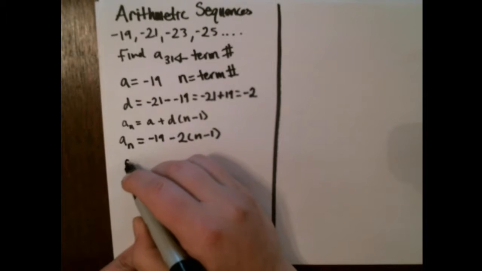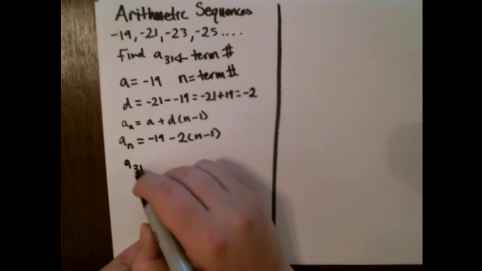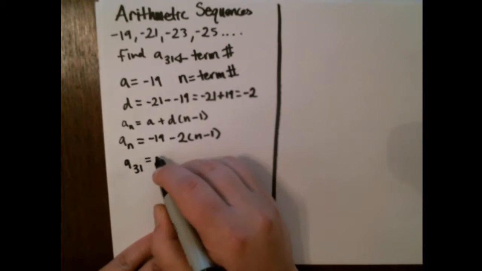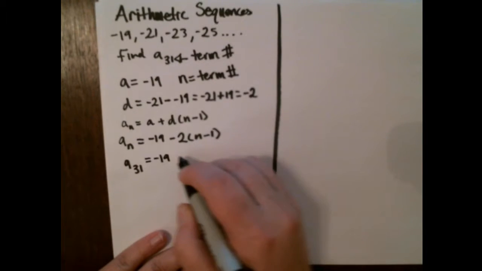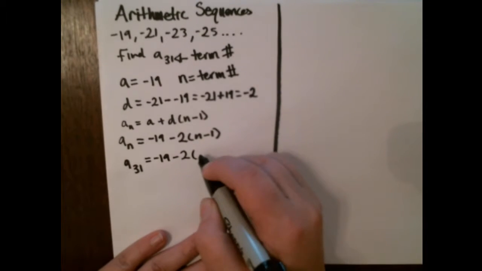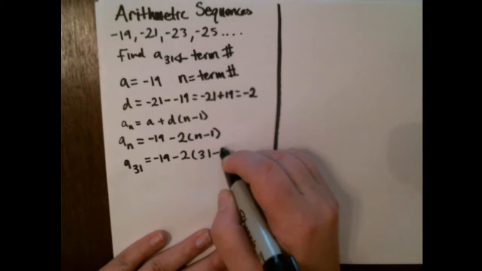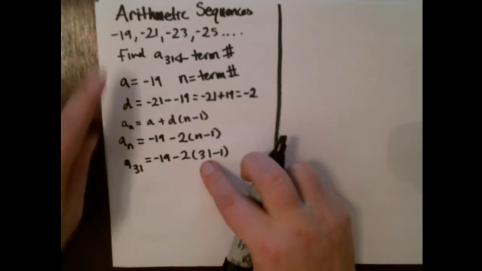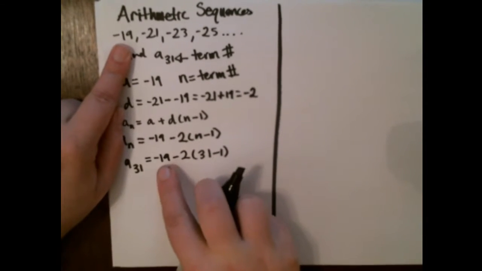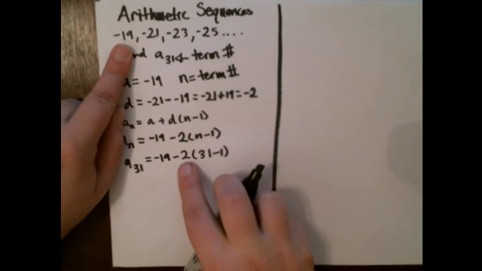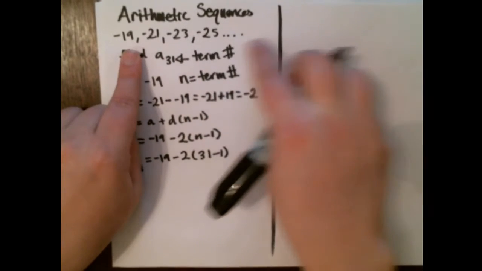So I would have A 31st term. My 31st term is equal to my first number minus 2 times (31 minus 1). Now this makes sense. All of this is saying is I start with negative 19 and then I'm going to subtract 2 31 times.